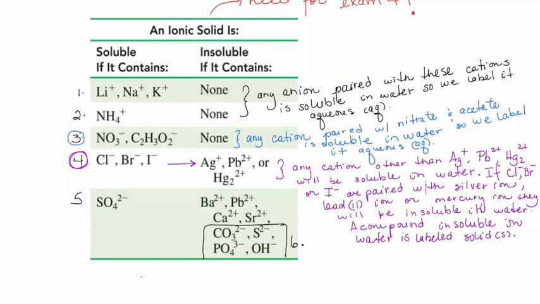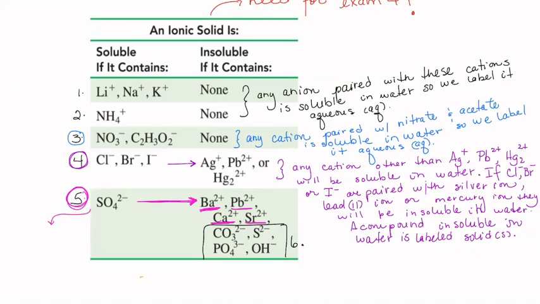Let's now move on to rule number 5, which is sulfate. You can see that sulfate, if it's present in the molecule, is going to be soluble. But notice that sulfate has some cations that shouldn't be present if you want it to be soluble. Those cations are barium, lead 2, calcium, or strontium.